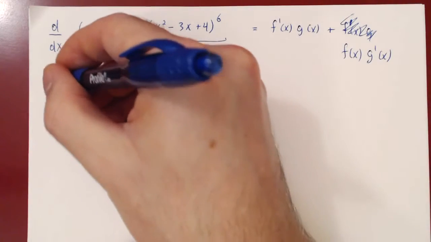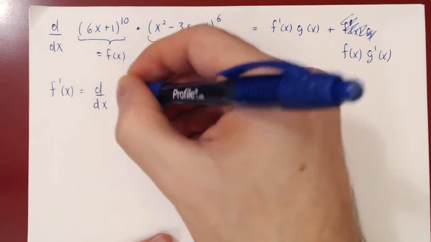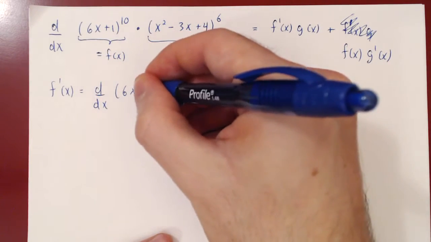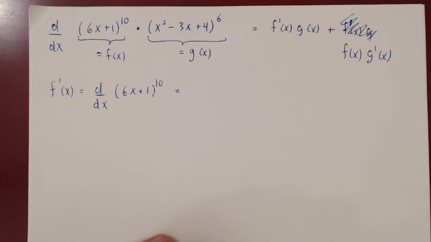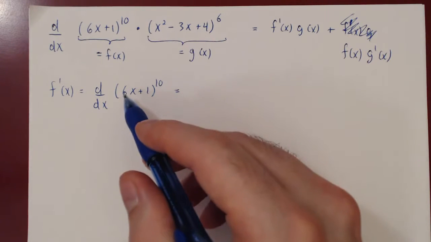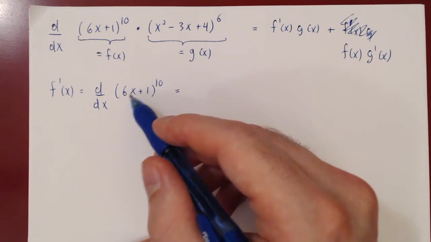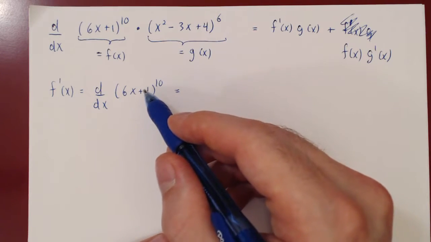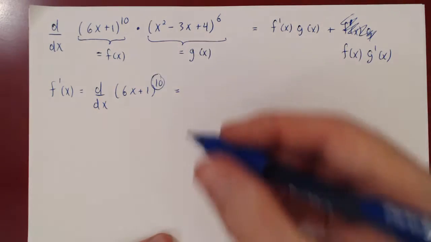So f prime of x is the derivative of the function (6x plus 1) to the 10th power. And now here we have a composition. We have to use the chain rule. So if I give you x and you plug it in here, you first do 6 times x, then add 1, and then you take the 10th power. The outside function is the power 10.